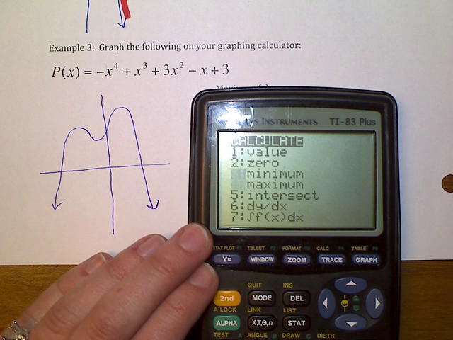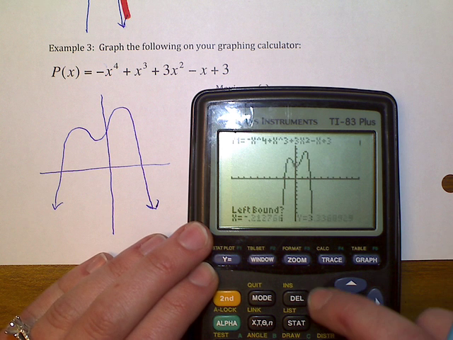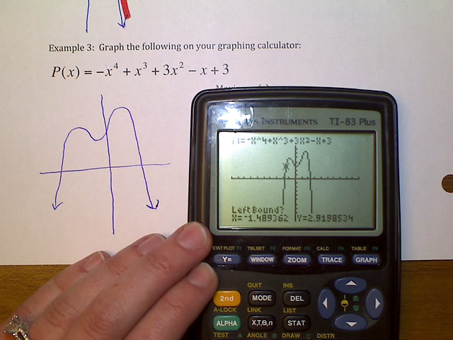Once we have it graphed, you can actually see that this one has 2 maximums, and that can happen.